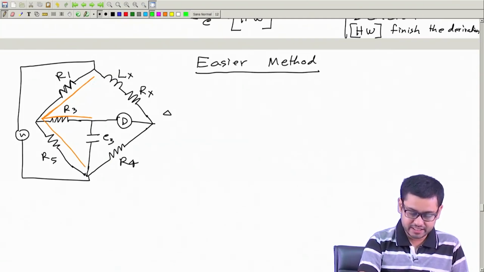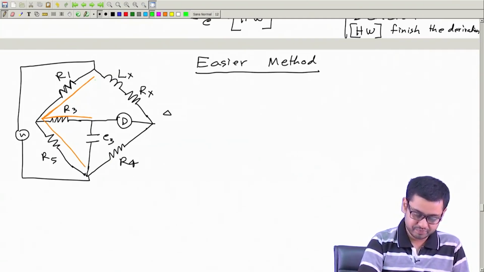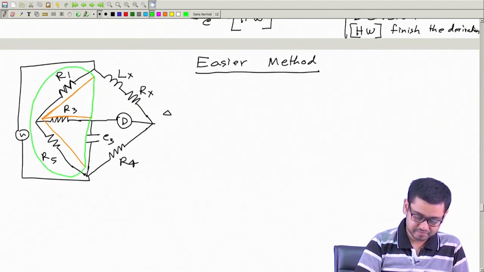I will convert this star into a delta like this: one arm, second arm, and this will be the third arm.